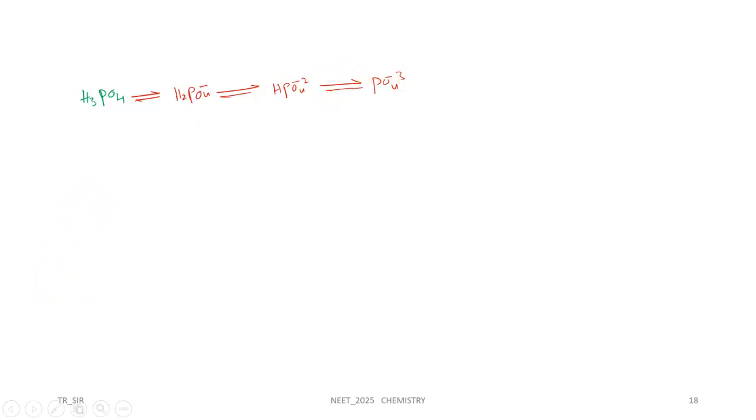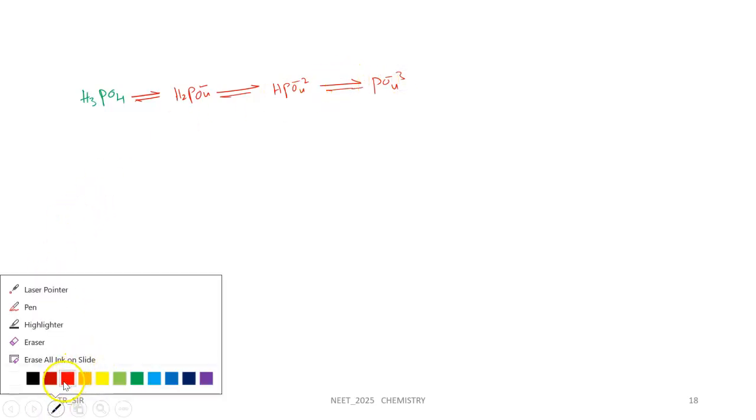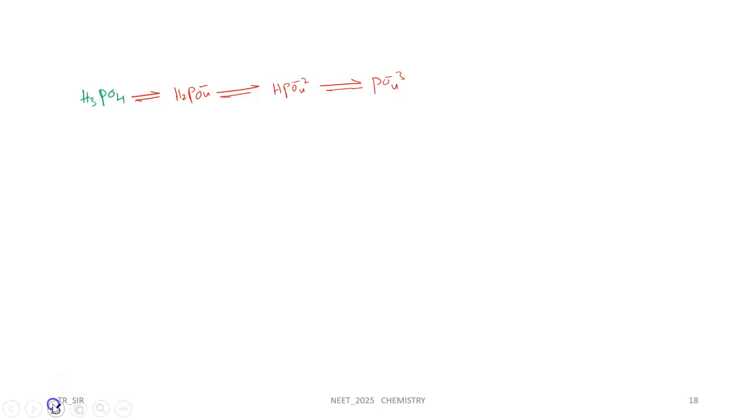Now, on removal of one H plus, this is the acid, and what we get is its conjugate base. Ka1 will be the ionization constant for this one.